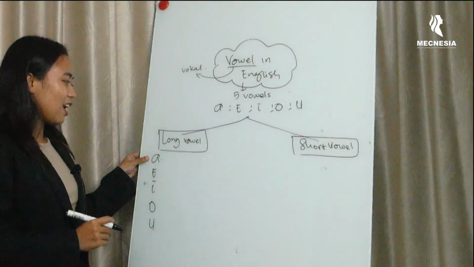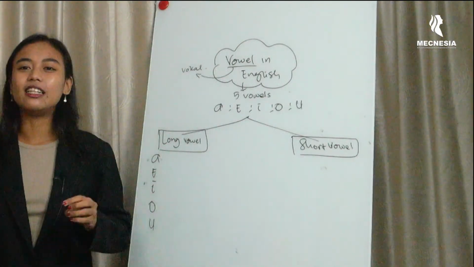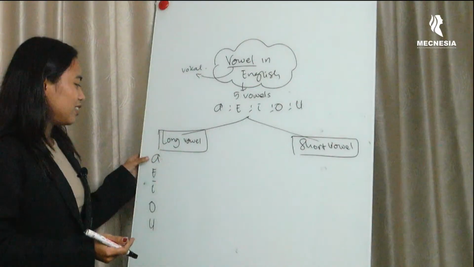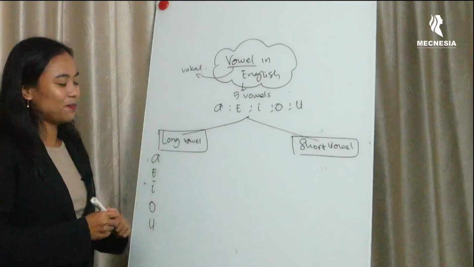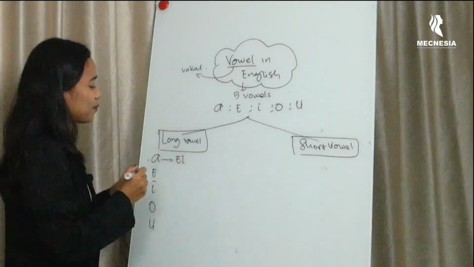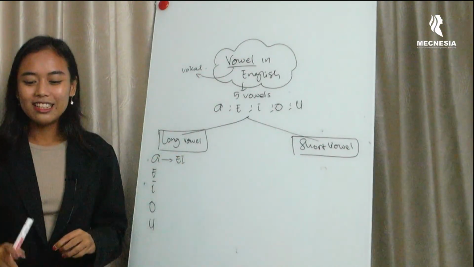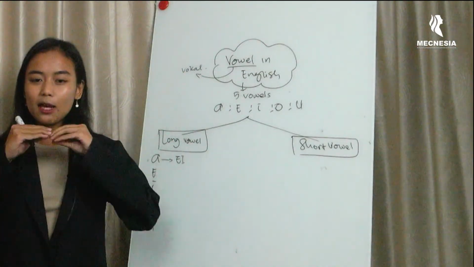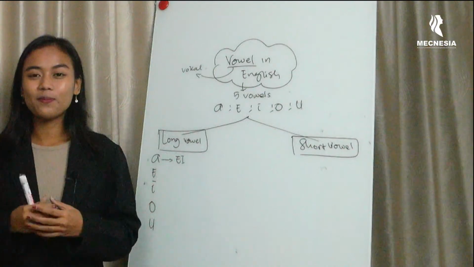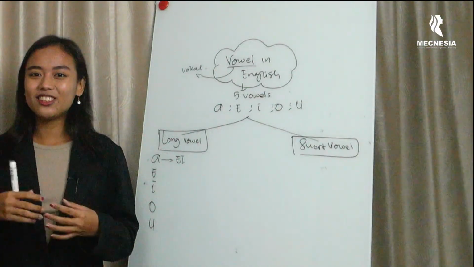So, A. In long vowel, dia dipronounce-nya, dibunyikannya sama seperti cara bacanya. Oke. A. So, mulut kita lebar ke samping dan sempit ke bawah. A. Let's try it.